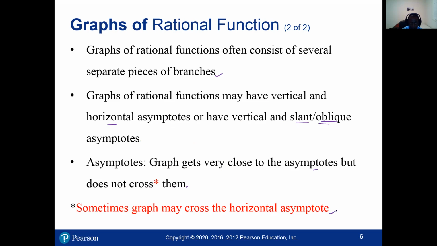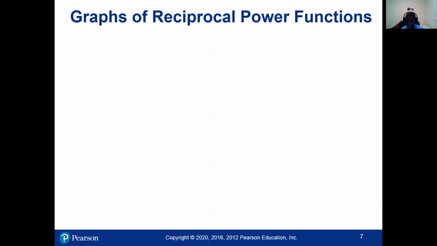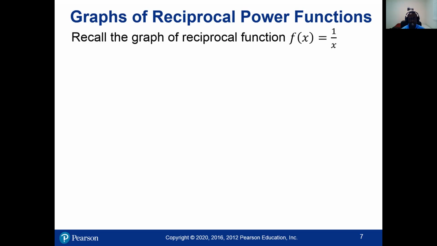Okay, so here are what we call reciprocal functions, or sometimes reciprocal power functions. Let us recall the graph of f of x equal to 1 over x. Now, what is this graph? It has certain properties. This graph is this, okay?